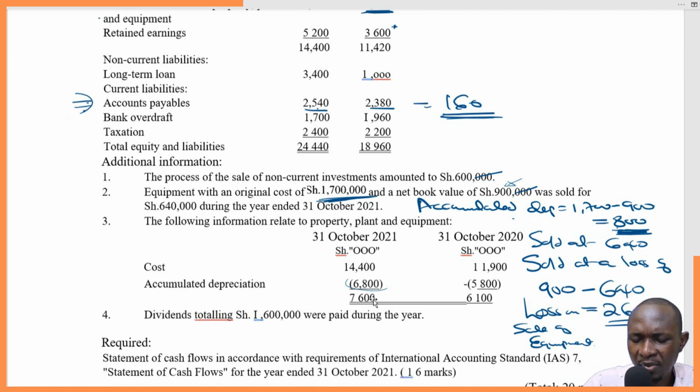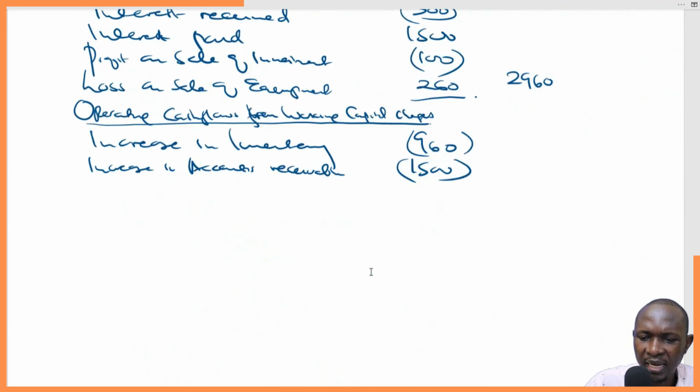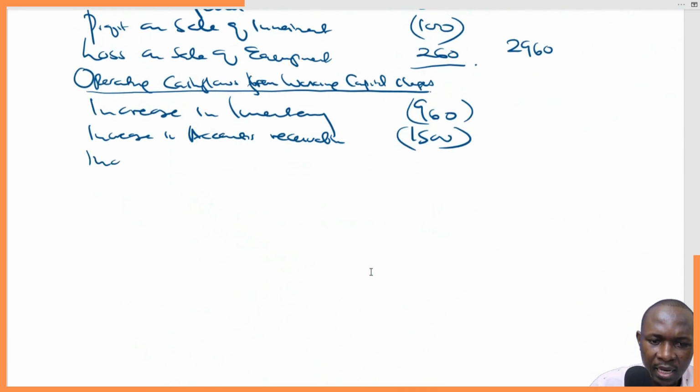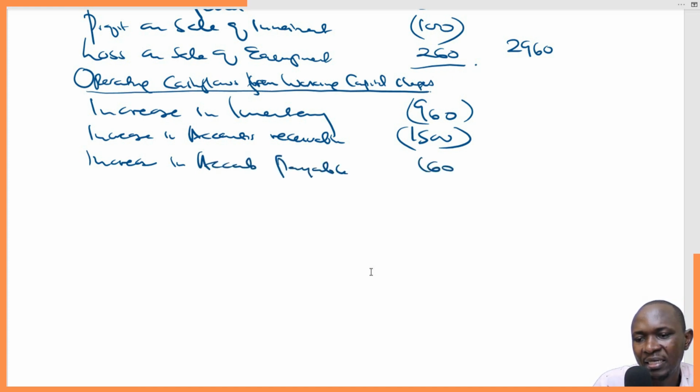So we'll simply come here and say 160, an increase in accounts payable, 160. But since we are treating it like an inflow, we didn't have that money, but now we have it courtesy of the creditors. So we treat it as an inflow.